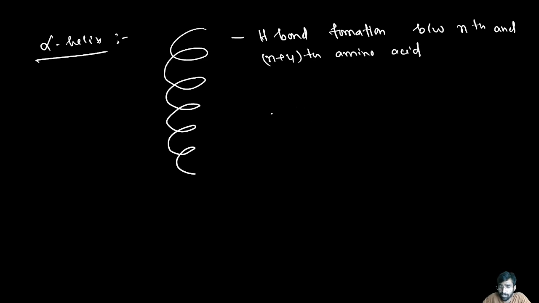That's a very fantastic question. So suppose n is there, n plus 1, n plus 2, n plus 3, n plus 4. N, that's CO. This CO will make a hydrogen bond with that NH.